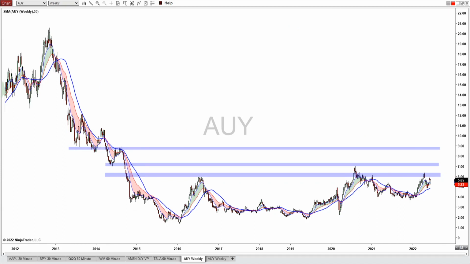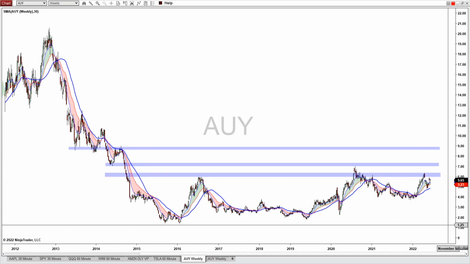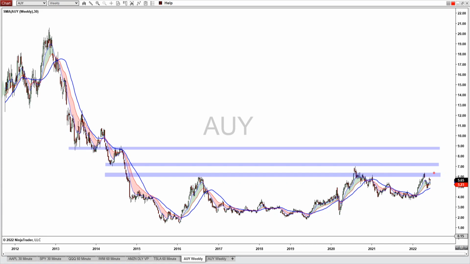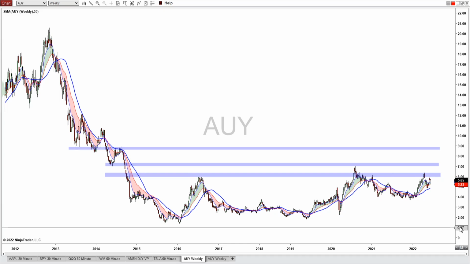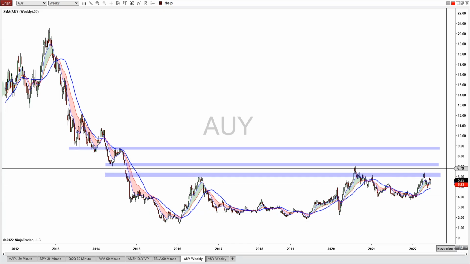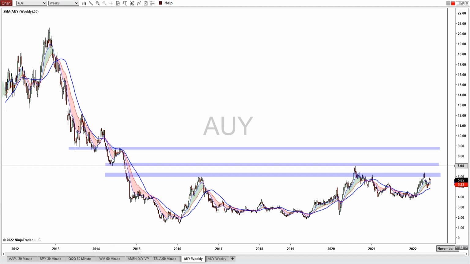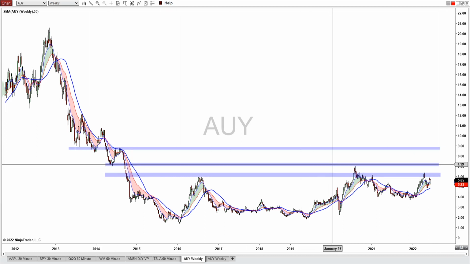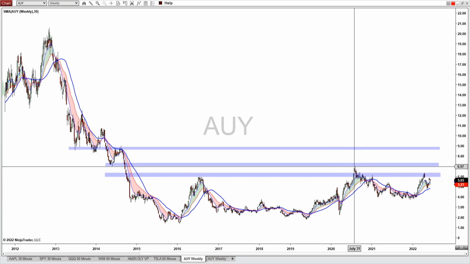Let's take a look at this gold miner stock here, Yamana, AUY. On this weekly chart here, I'm looking for the potential breakout from this area here, just right above 6.25 or so. And if it could break out, look at this potential resistance up here, 7, because it came up and got rejected back here in July last year.